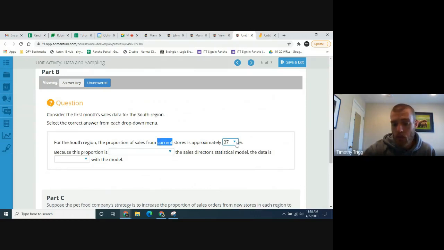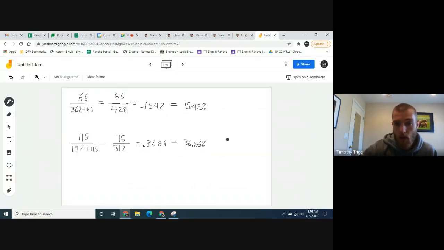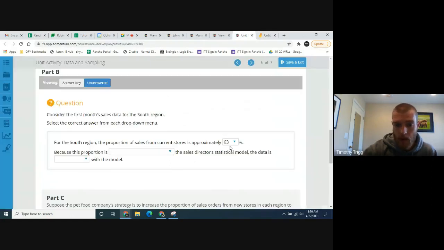This is from new stores. So for current stores, it'll be 63. Remember, they need to add to 100%. So I accidentally looked up from new stores, should be from current stores. Okay, so make sure you look, it should be 63 here. But you can get that by doing 100% minus this percent would give you about 63%.